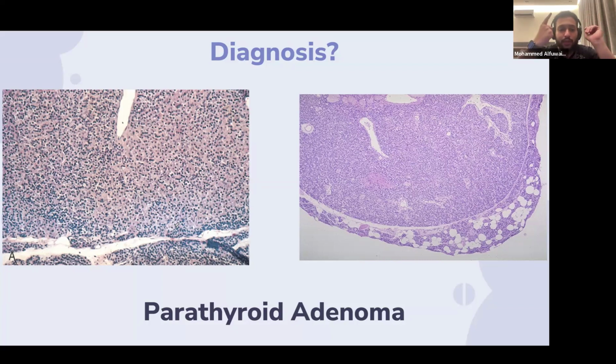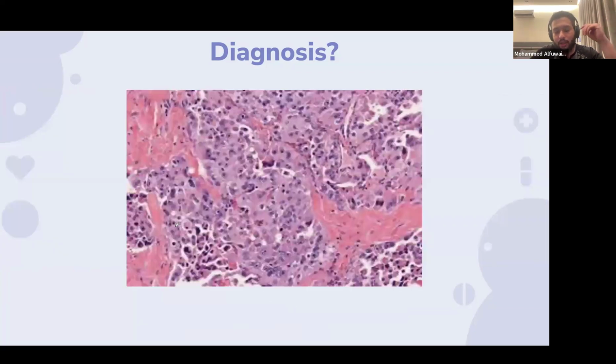And it's one gland only. Not all four. If it's all four, this is called parathyroid hyperplasia. Okay. And again, it's probably secondary due to chronic kidney disease. Now, this is very rare. What does this patient have? Again, primary hyperparathyroidism.